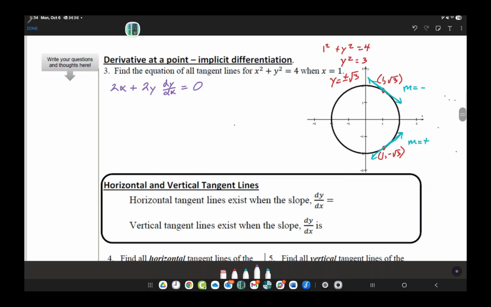So all we have to do is subtract 2x over. 2y dy dx equals negative 2x. Which means if we divide, that dy dx is equal to negative x over y.